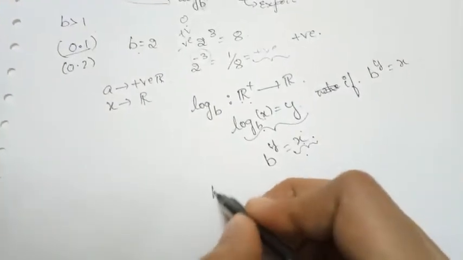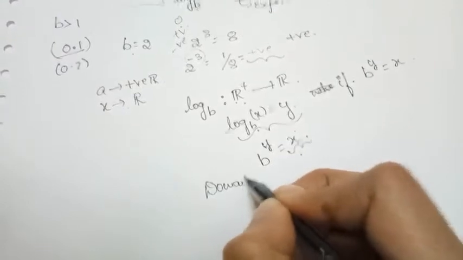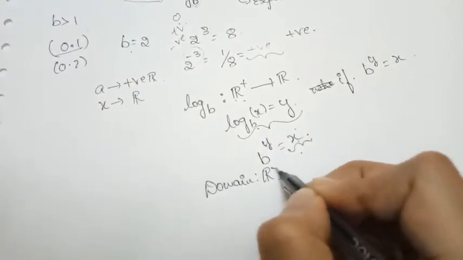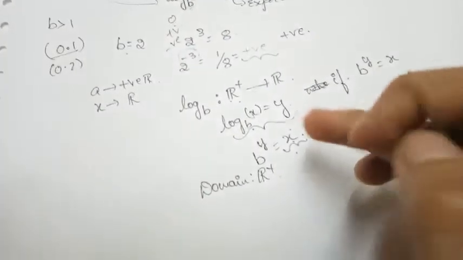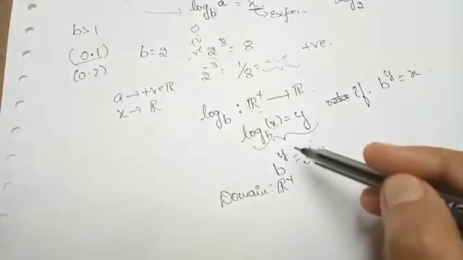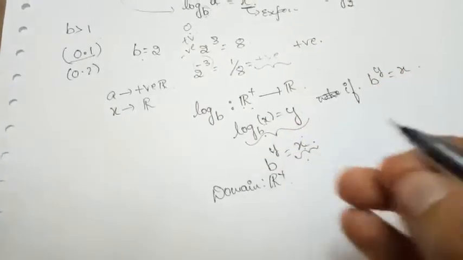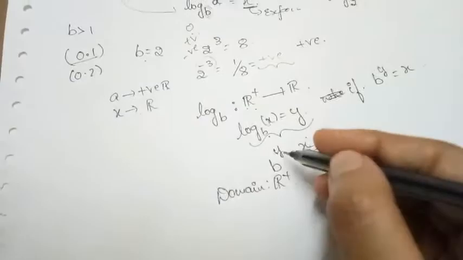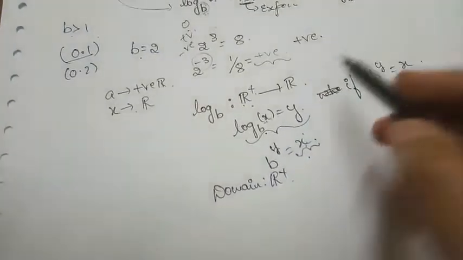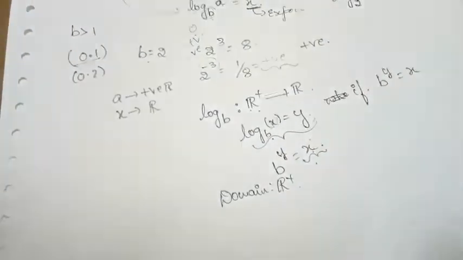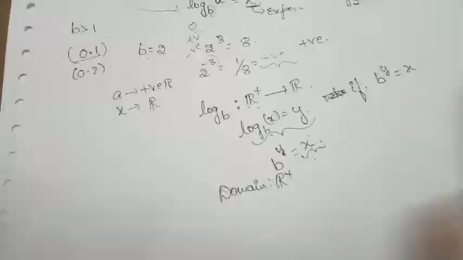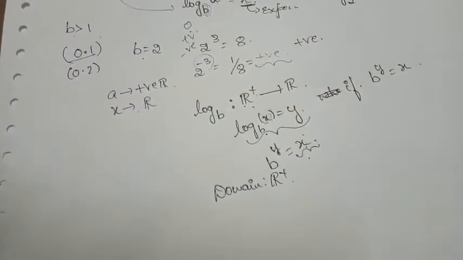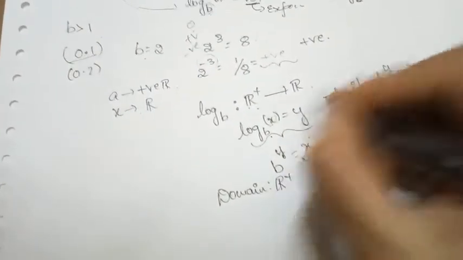So clearly the domain is the set of positive real numbers. And what all values does y take here? By giving positive values of x, the y value might be negative, positive or 0.